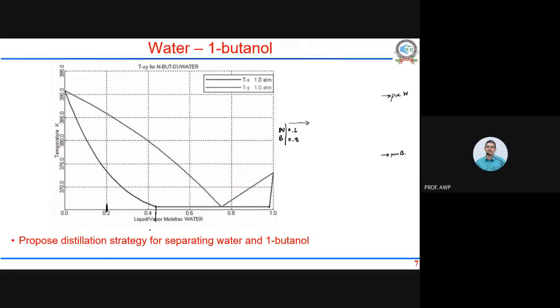So 0.42, say 0.98, and this one, let's say, is 0.75. I'll give you 5 minutes to think.